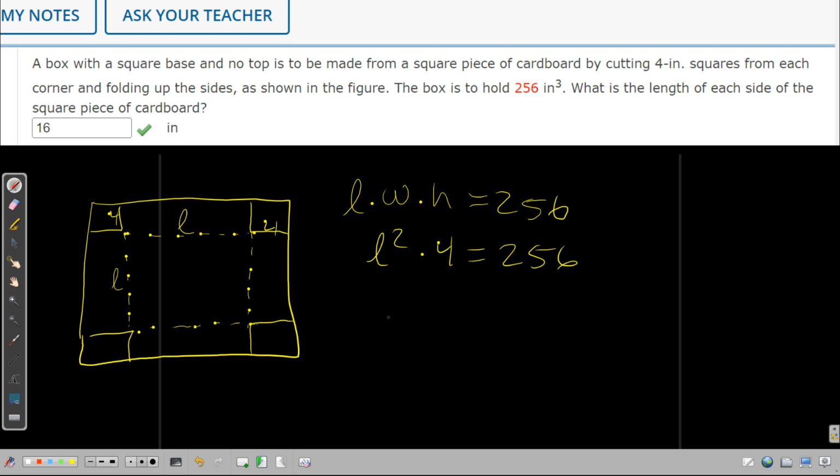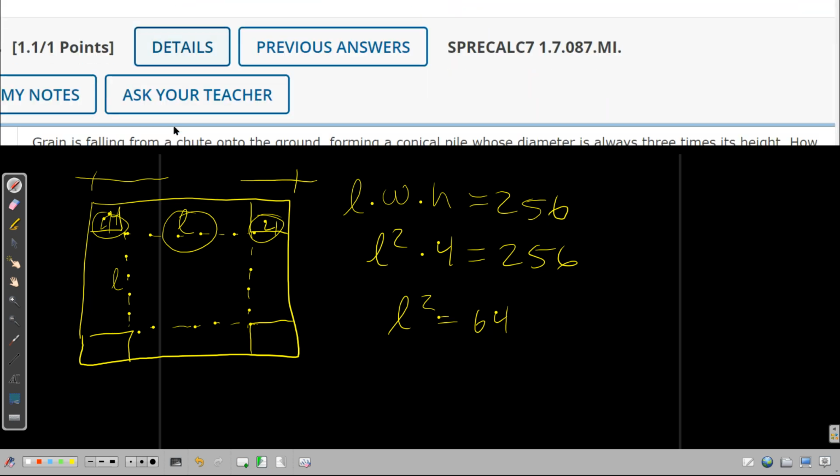And so L squared must be 64. And then you get that L is 8. But they want to know what this distance here is. So you would have this piece right here, which is 8, but then you have to add another 4 and another 4. And that's why I got 16.